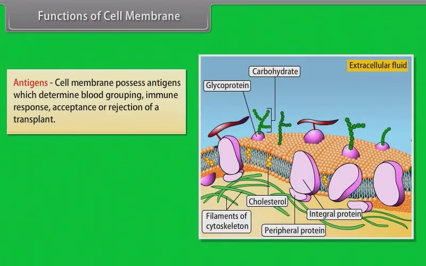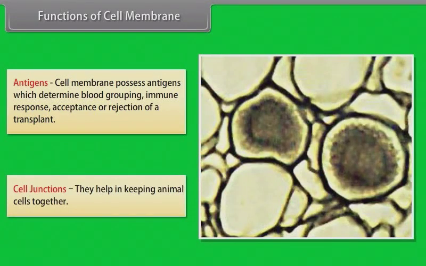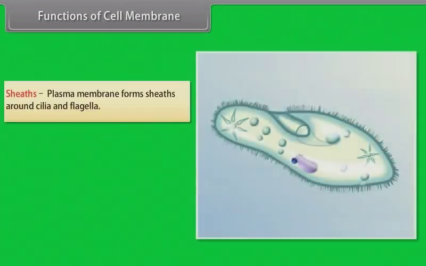Antigens. Cell membrane possesses antigens which determine blood grouping, immune response, acceptance or rejection of a transplant. Cell junctions. They help in keeping animal cells together. Sheaths. Plasma membrane forms sheaths around cilia and flagella.